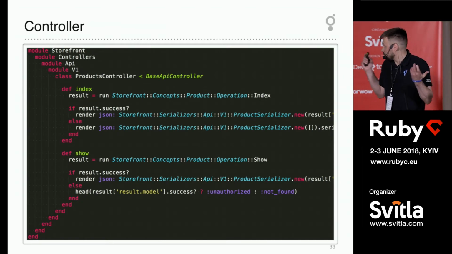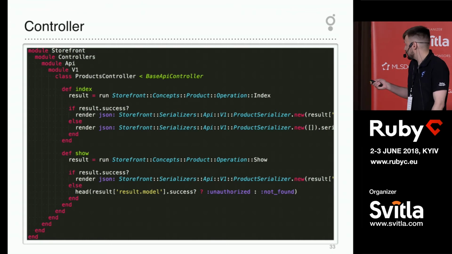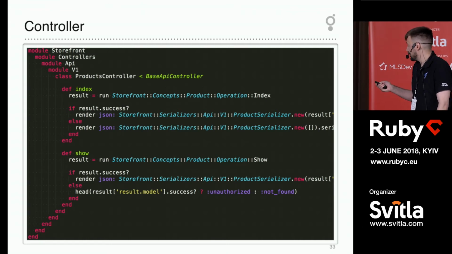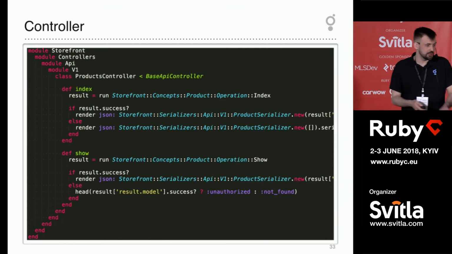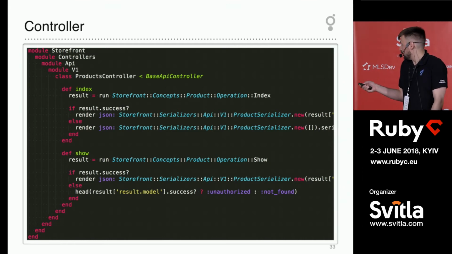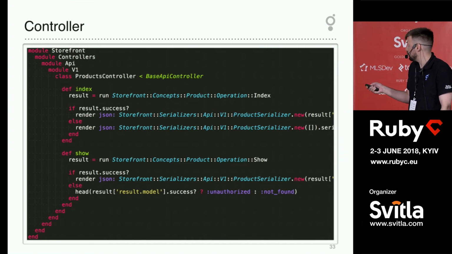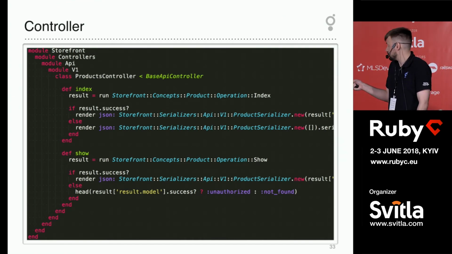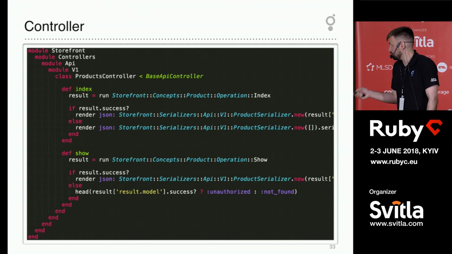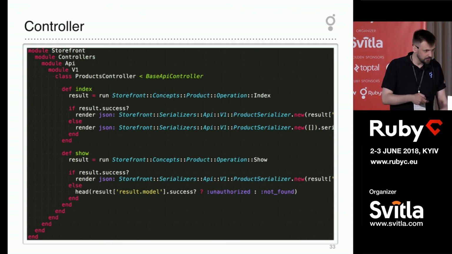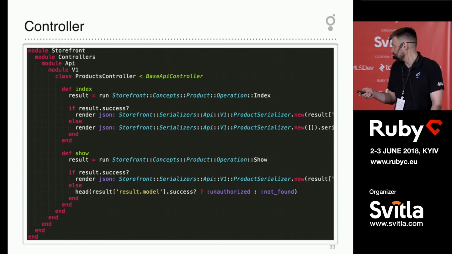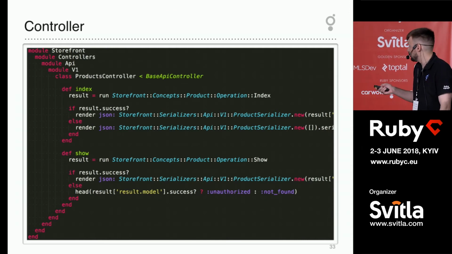We have a controller, and we just need to figure out what kind of action and what kind of activity we need to do. This is the level of operation on the application level. This also looks like a pretty standard approach if we use Trailblazer operation. But only one difference.